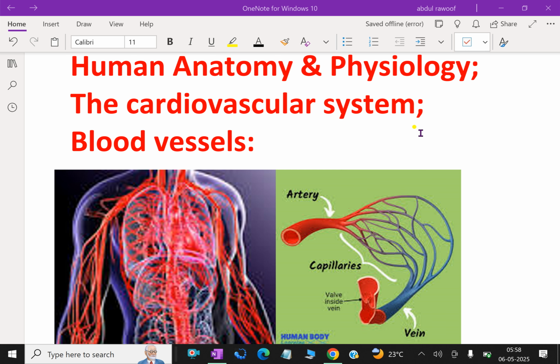With the exception of those on the skin surface and in the cornea of the eye, every body cell lies close to a capillary. Entry to capillary beds is guarded by rings of smooth muscle, precapillary sphincters, that direct blood flow through the body.